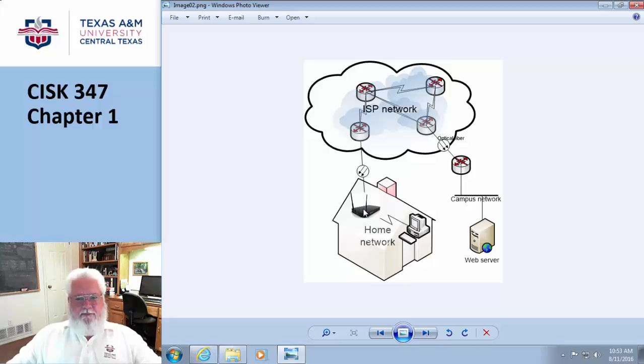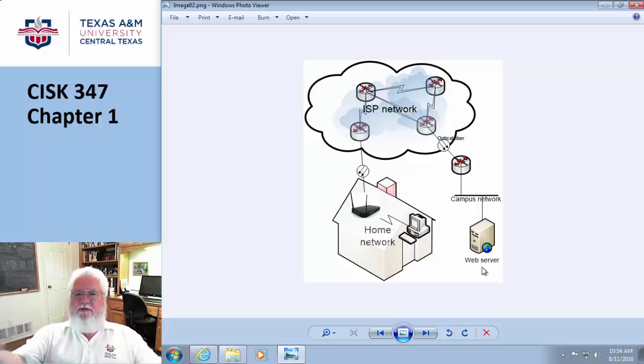I'm connected to a cable modem system that goes to my internet service provider in the sky somewhere, using coax cable for the first couple hundred feet, and then it switches over to fiber optic cable, and then God only knows what's going on up there, and then it finally gets down to the campus network, and so I'm going to the campus network reading off of a web server.